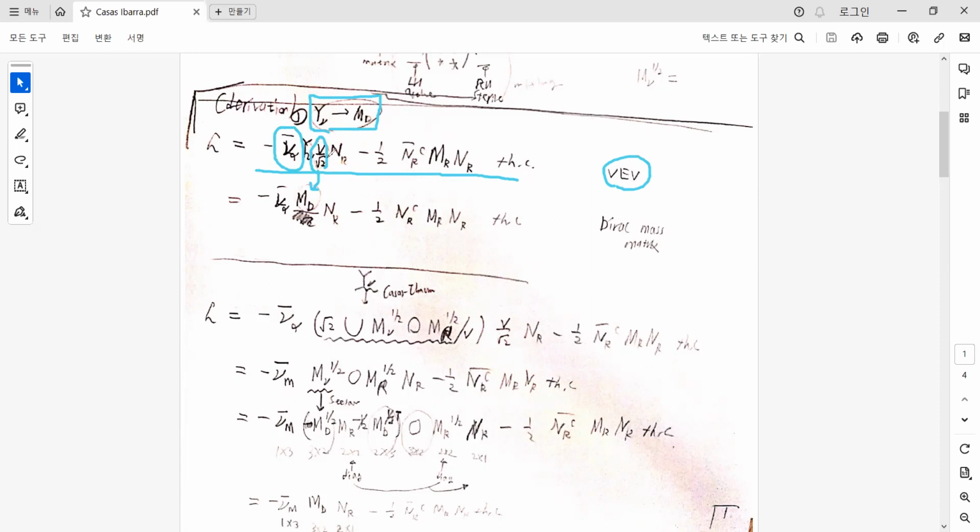And if we use the Casas-Ibarra parametrization in place of the Yukawa matrix, then first of all, the PMNS matrix converts from the flavor eigenstate to the mass eigenstate.